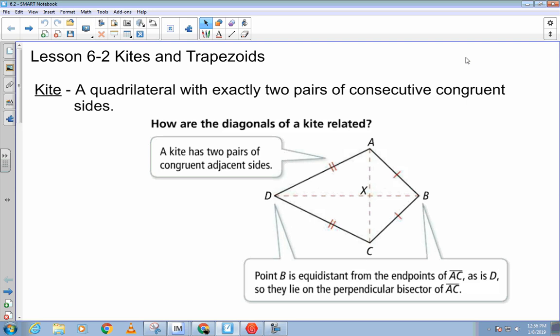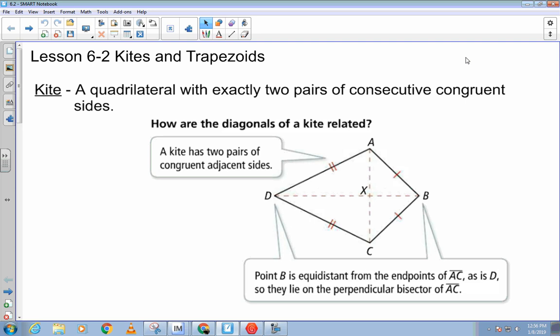So there are two sides that are adjacent to each other. How are the diagonals of the kite related? First of all, we said the kite has two pairs of congruent adjacent sides. Now, let's think about this. It says point B is equidistant to the endpoints of AC, as is D. If this point is equidistant to the endpoints, then what is this line?